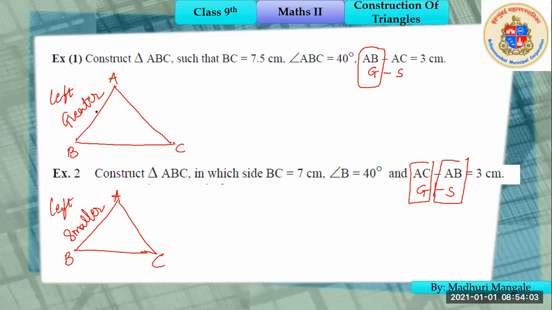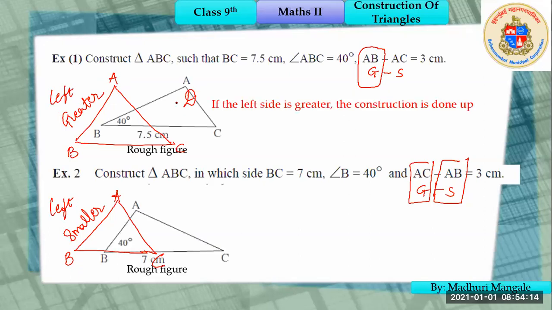So whenever the greater side is on the left, we do the construction above. Okay, we do the construction above. Those were the rough diagrams. So if the left side is greater, the construction is done up, and if the left side is smaller, the construction is done down.